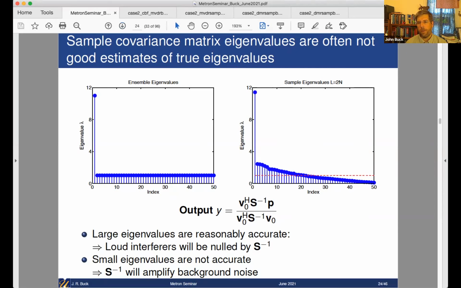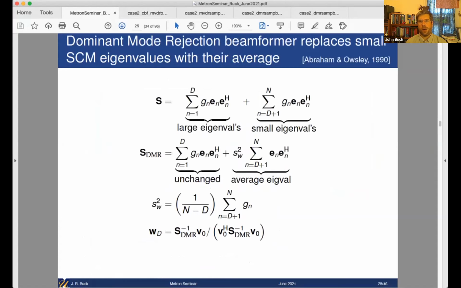So you say, well, maybe instead of leaving this alone, we should find some way to apply a constraint and say, what if we assume that background noise is white? And when you do that, you've essentially got what's called the dominant mode rejection beamformer that was proposed by Doug Abraham and Norm Owsley in 1990, where they said, let's take that sample covariance matrix and break it into 2 pieces.